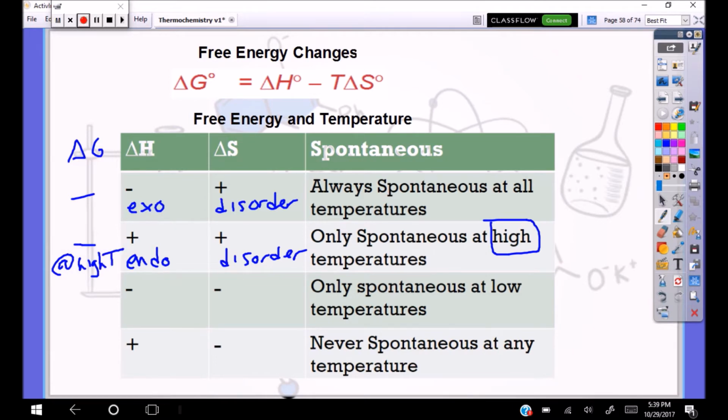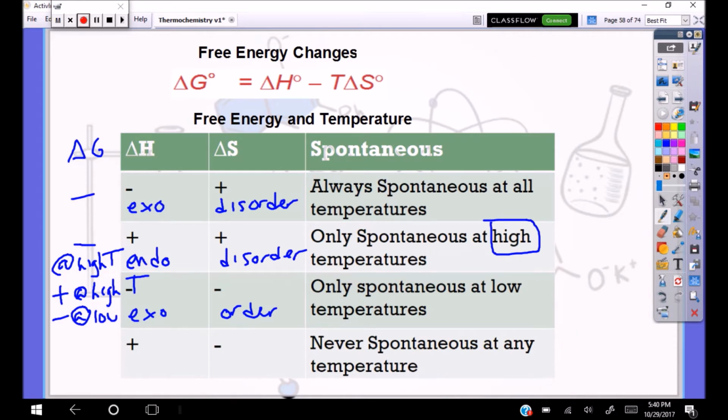All right. Now, there are exothermic reactions where it creates order, and those ones are tricky. At high temperatures, if it's creating too much order, then it's going to end up with a positive. So it's positive at high temps, but negative at low, right?